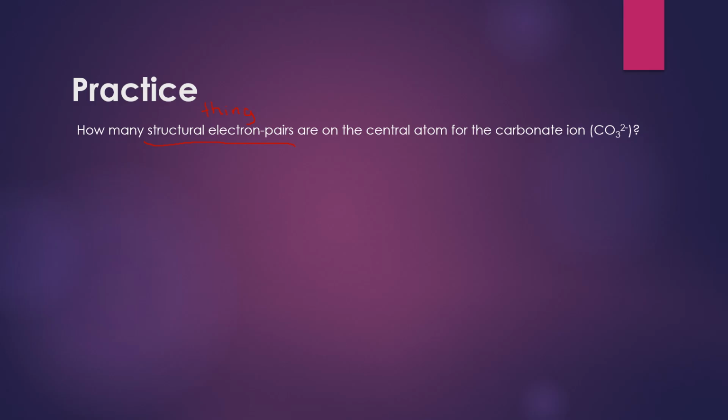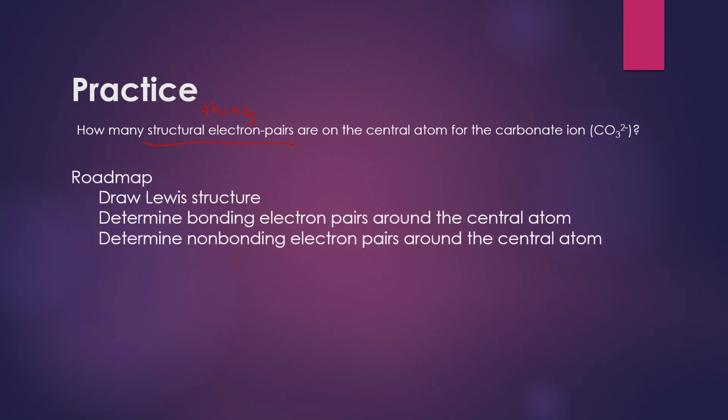All right, so let's try it with the carbonate ion. So with the carbonate ion, if we wanted to count how many structural electron pairs, how many things are around the central atom, we would first need to draw the Lewis structure. Once we draw the Lewis structure, then we count the bonding electron pairs. So when I say bonding electron pairs, I'm talking about any atoms.